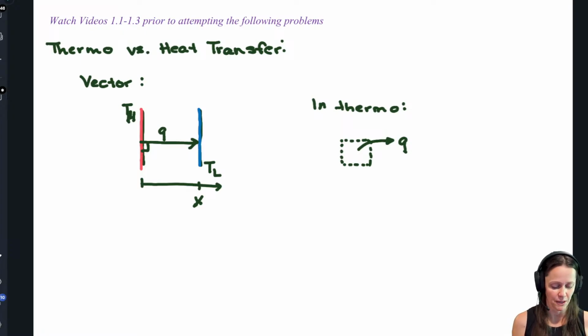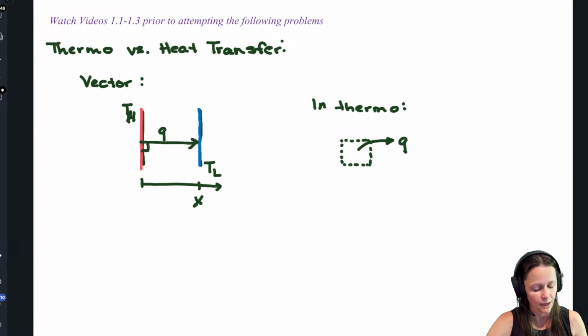You can flip that and put it in the direction of increasing temperature. You're just going to calculate a negative Q, which is fine. Nomenclature.